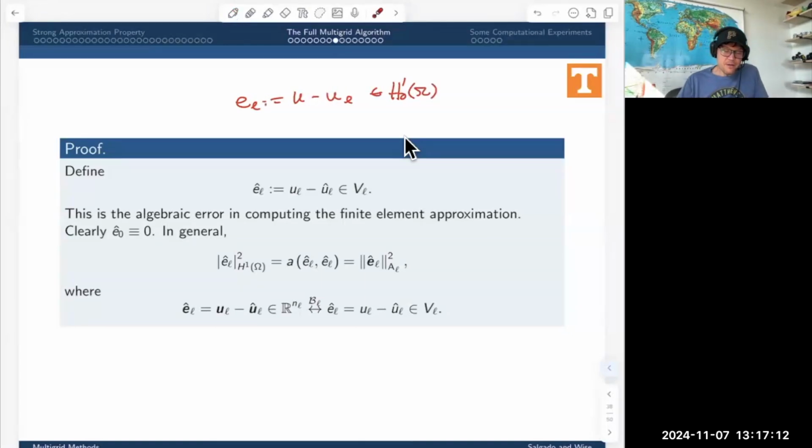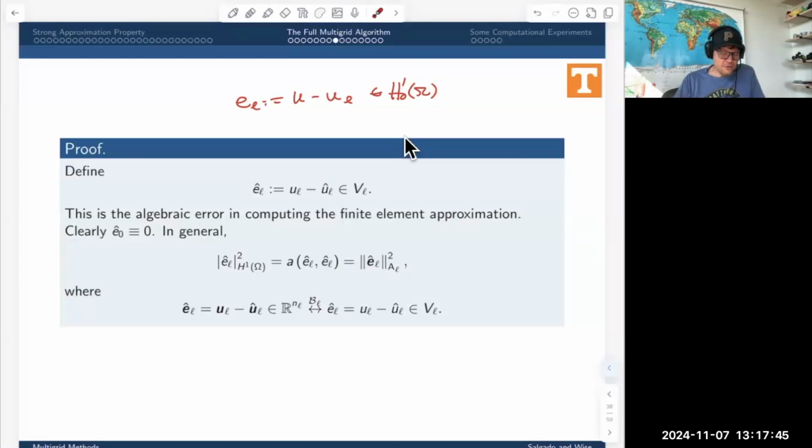Now we're going to define something called EL hat, and that's going to be the difference between the finite element approximation and the object that we produce via the full multigrid algorithm on level L. Remember, the output of the full multigrid algorithm is a vector, but we're going to convert that to a function via the finite element basis. Remember, we can always do that. If we have a vector that describes the coordinates of a finite element function, then we can immediately pick up the finite element function it's describing.